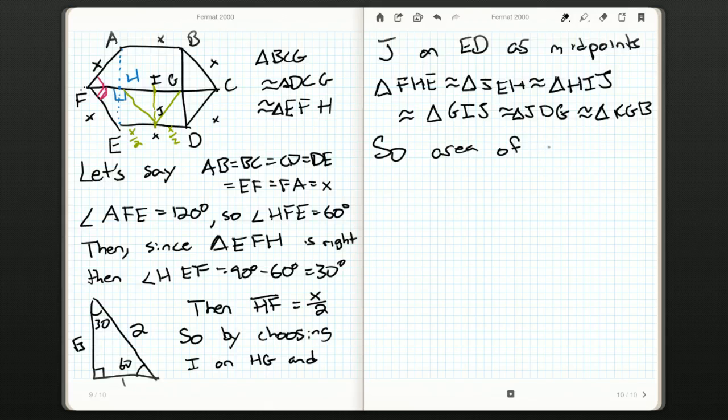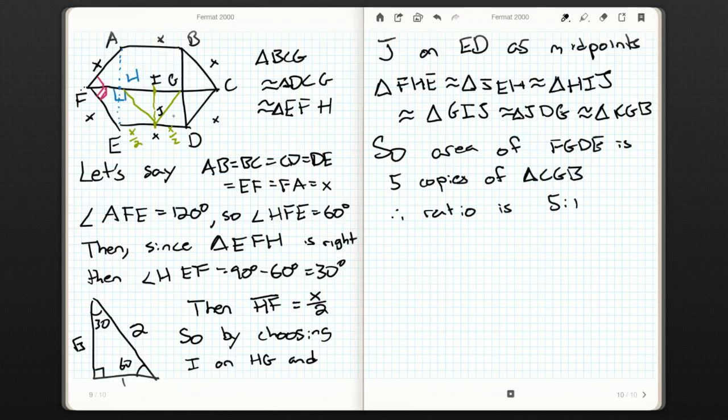So the area of FGDE is 5 copies of triangle CGB. And that means that the ratio is going to be 5 to 1.